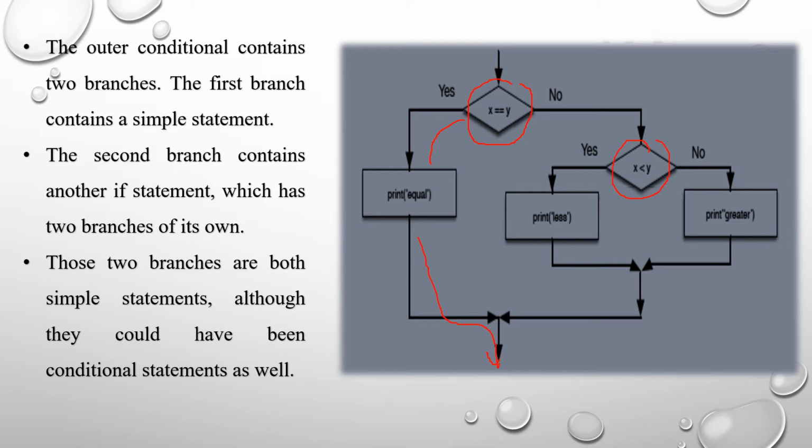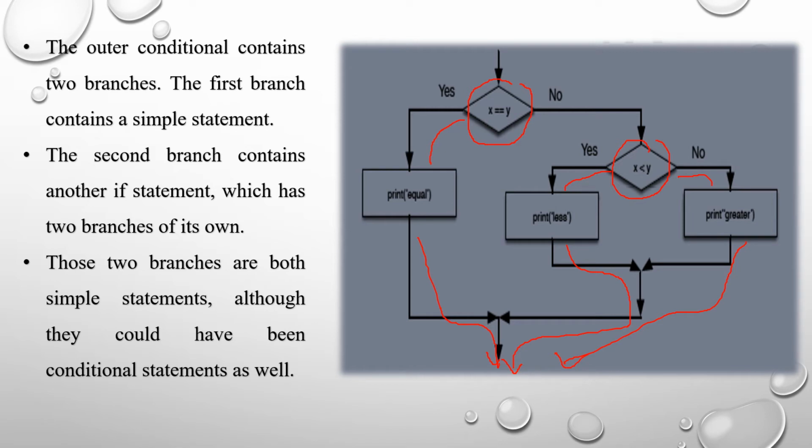If this condition is true, it prints less, and this is the final result. If x less than y is false, the Python interpreter prints greater, and greater is the final result.